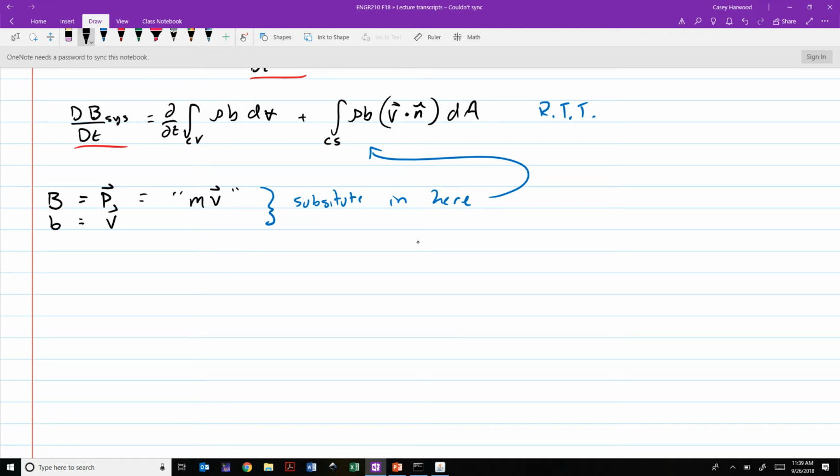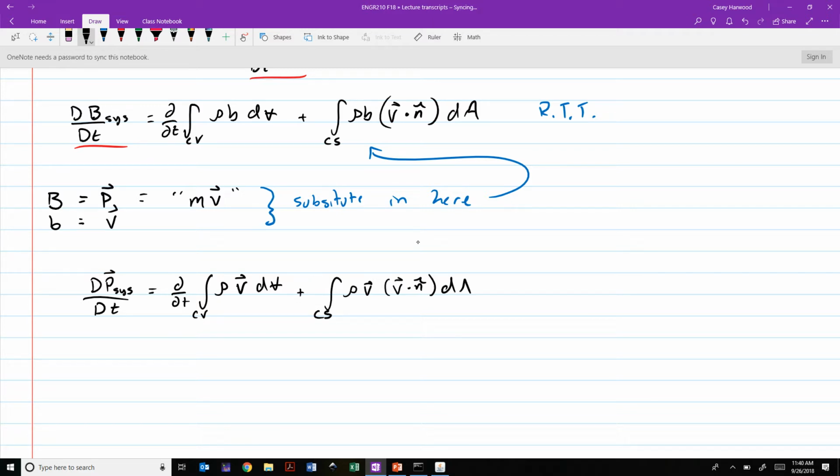the d(P system)/dt is equal to the partial time rate of change over the control volume of rho V dV plus the surface integral term, and this, of course, can be written as the sum of the forces on the CV contents.